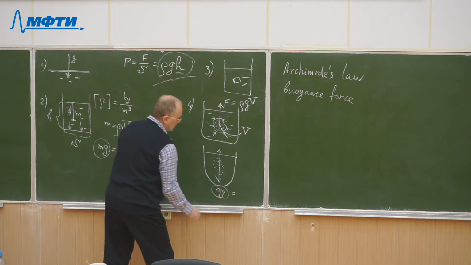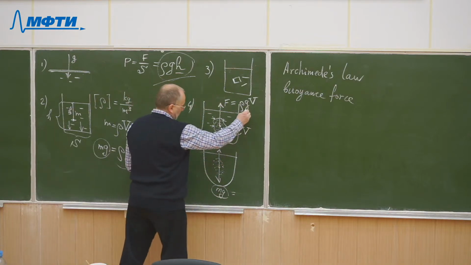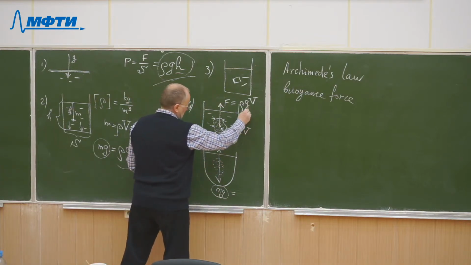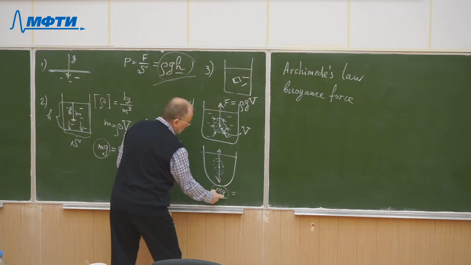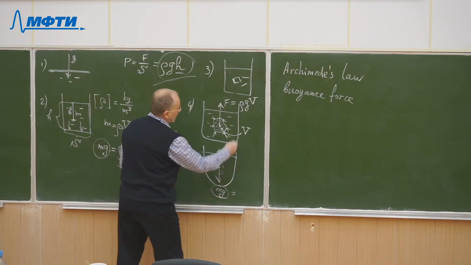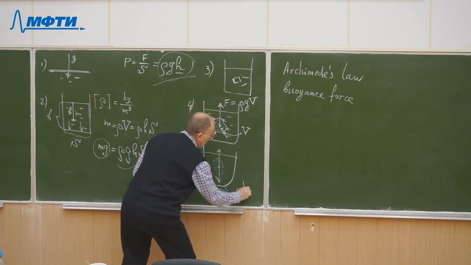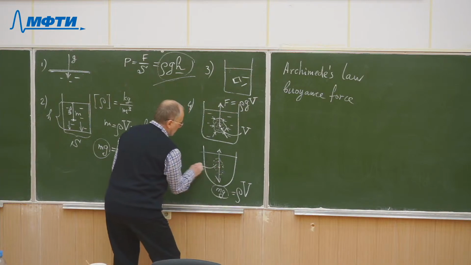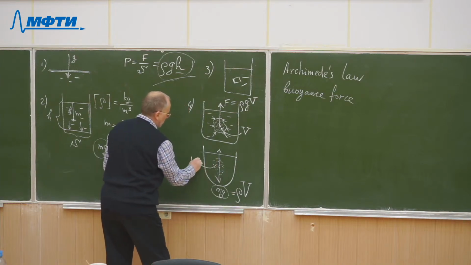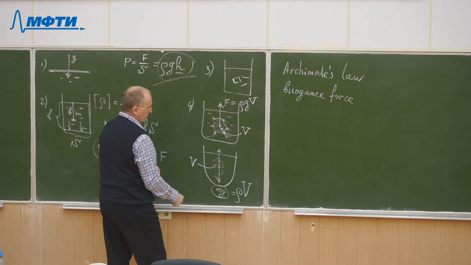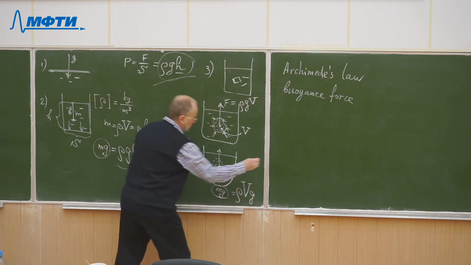And the weight of the liquid is just the mass of the liquid times acceleration of free fall. And the mass of the liquid is exactly the density of liquid times the volume of this imaginary part of liquid, times acceleration of free fall.